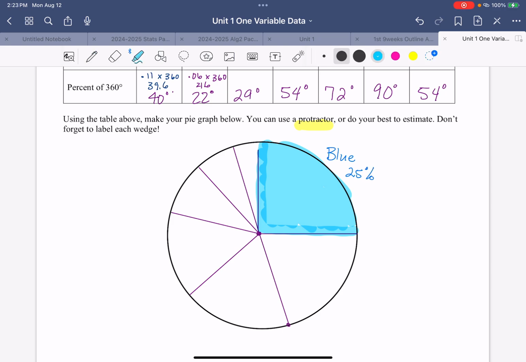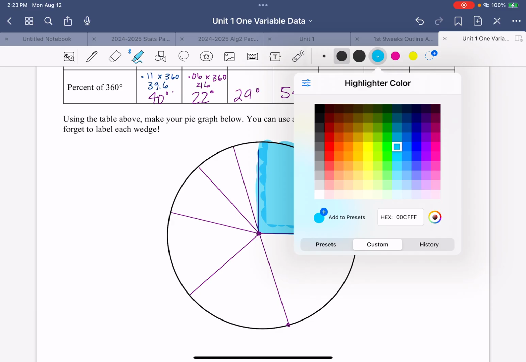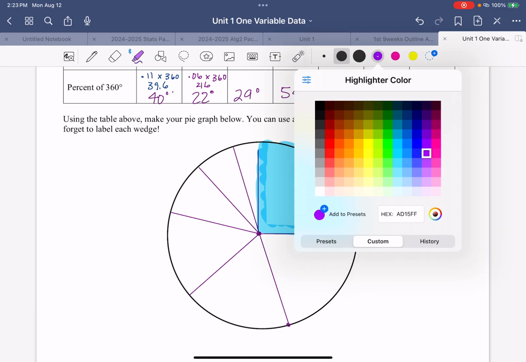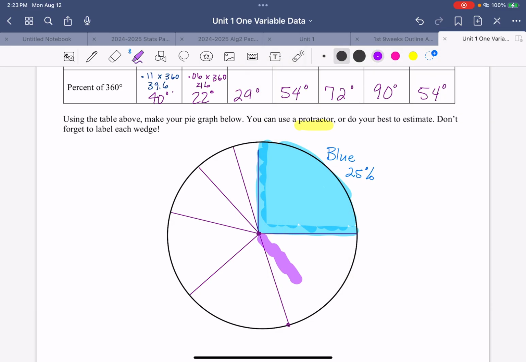We got our orange. Oh, I'm going backwards, sorry, purple. Let's go purple. Purple was 20%, so we're going to label here purple, 20%. And then we go through each one.